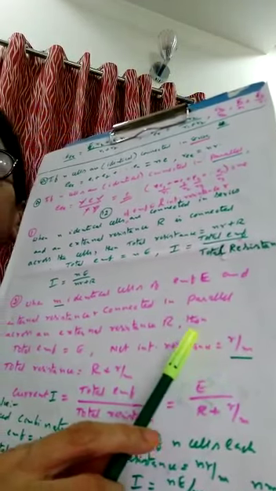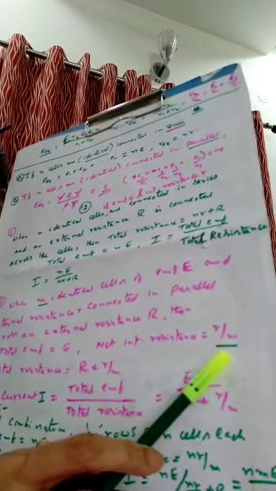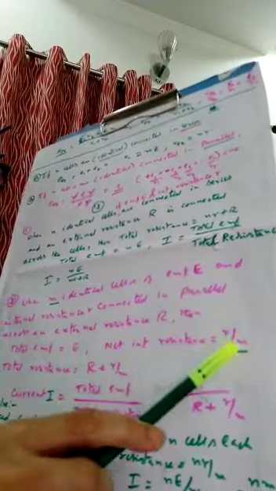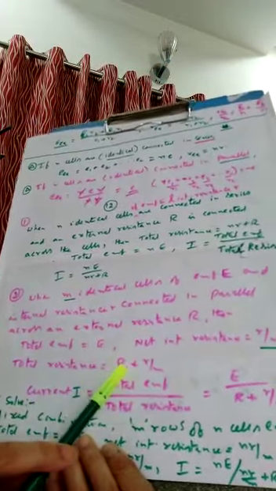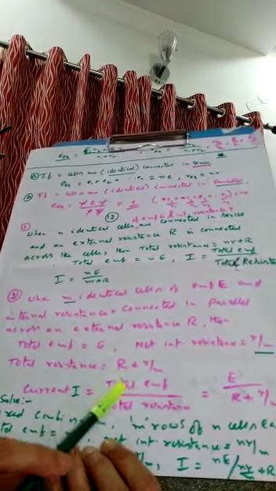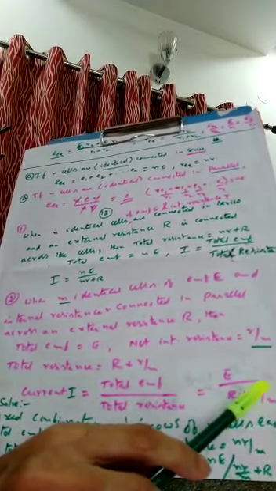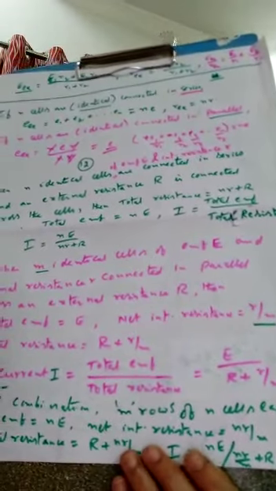Because 1 by r plus 1 by r, m times, is m by r, equal to 1 by r equivalent, that is r equivalent is r by m, plus the external resistance capital R. So the net total resistance is R plus r by m, and the total current is total EMF upon total resistance, E upon R plus r by m. In this way, we have to calculate the current flowing through the circuit.